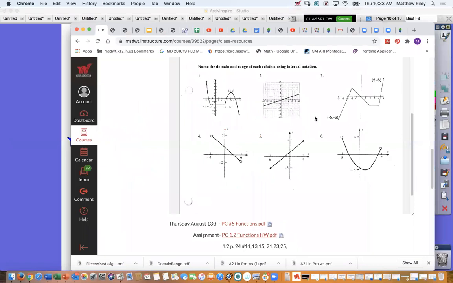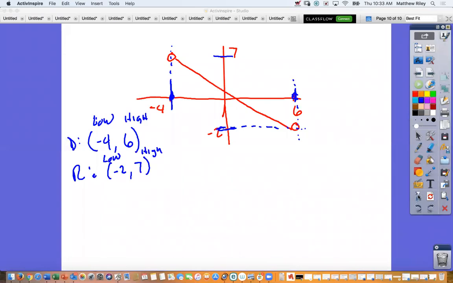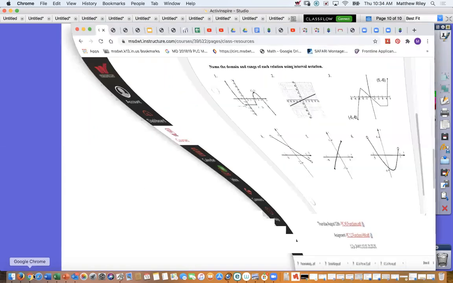So let's do number 6 real quick. If you get number 6, you should be pretty good with all of these. So let's see, I got -5, 7, and is that -6 and 8? Let me look one more time here.